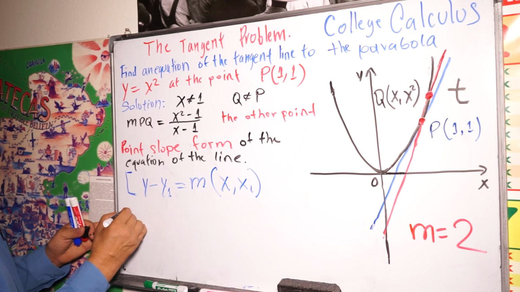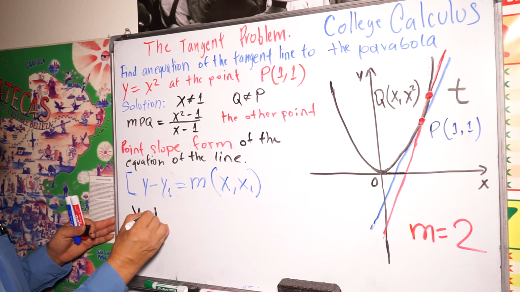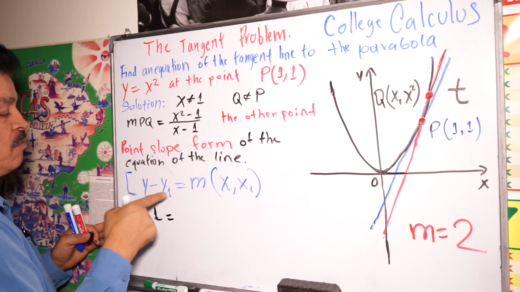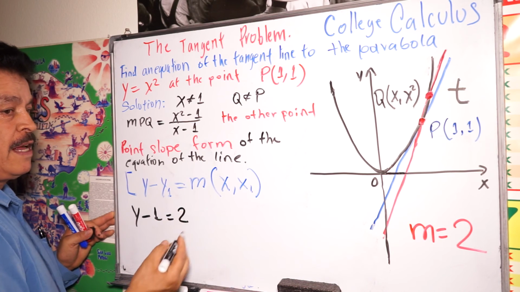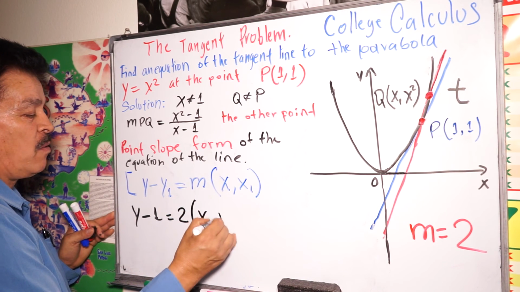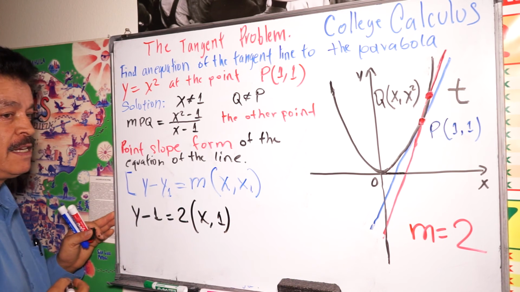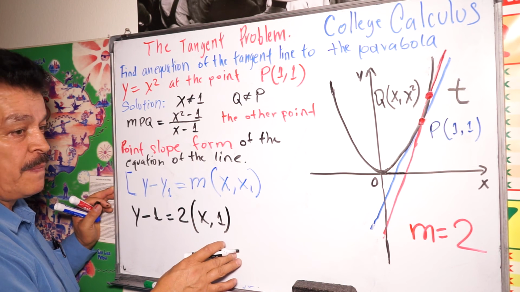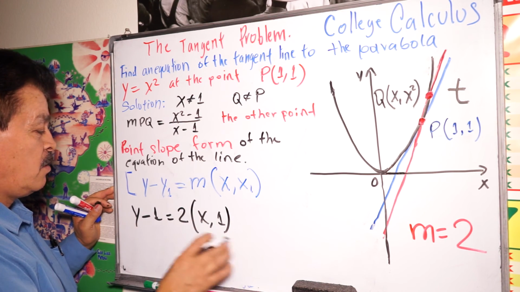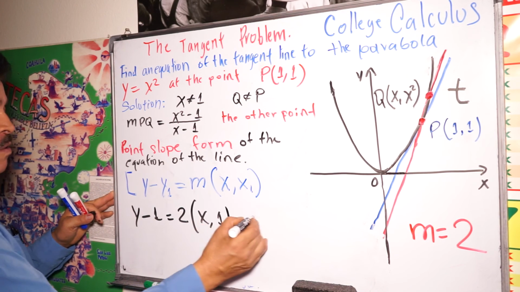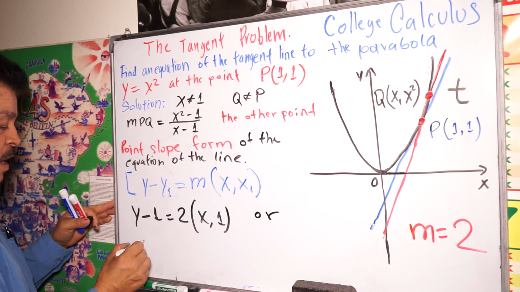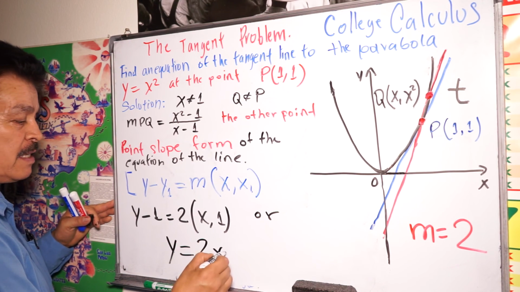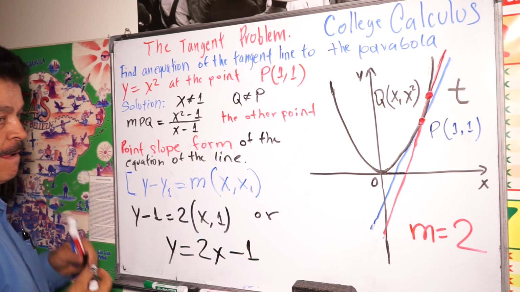Here you're going to have y minus 1, the point, equals the slope 2 times (x minus 1). Then you simplify this, and y is equal to 2x minus 1, right?